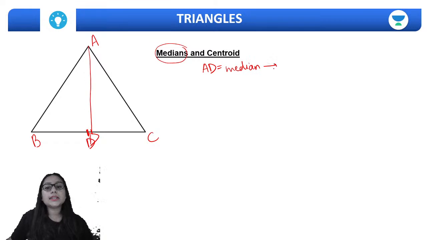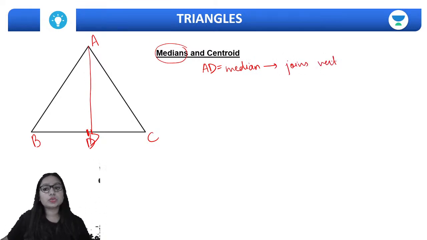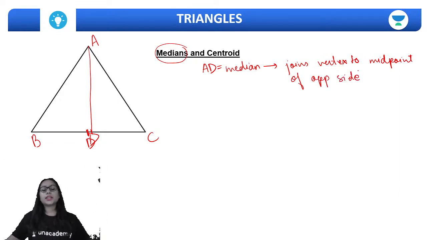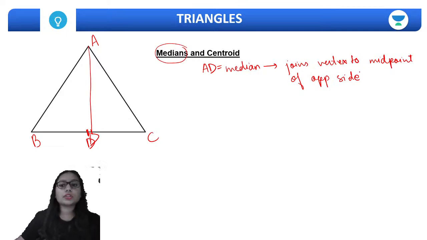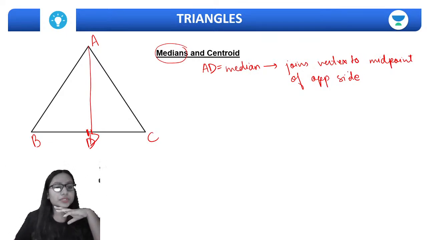So a median is a line segment which joins a vertex of a triangle to the midpoint of the opposite side. So AD is the median here.